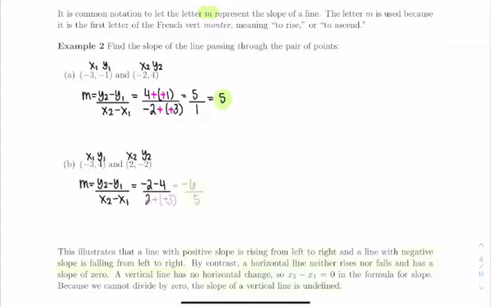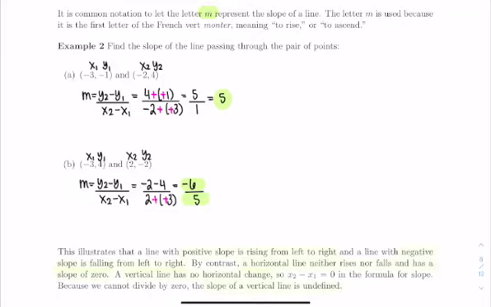Our x2 is 2 and our x1 is -3. This time we have the double negative in the denominator. In the top, we end up with -6, and in the bottom, 2 plus 3 gives me 5. So my answer, because this cannot be simplified any further, is just -6/5.